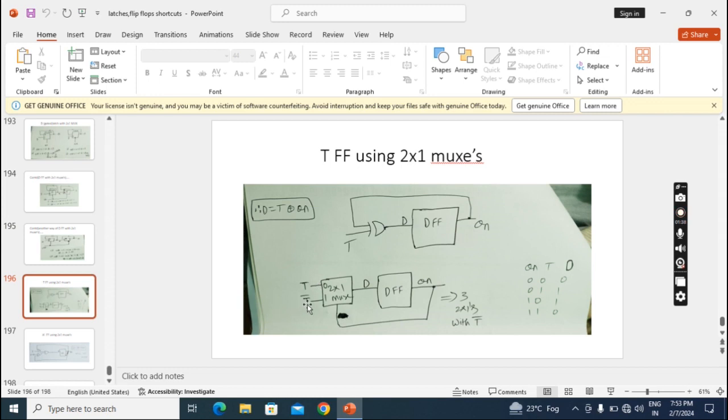Here I took T bar directly. If you want to take T only, you can use an inverter here, and that inverter also you can implement with a multiplexer. In that case, you will get 4. So this is a T flip-flop with multiplexers. Here I have given the truth table also, for this you can observe.